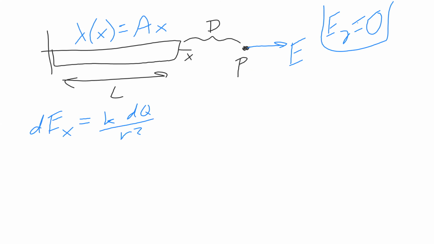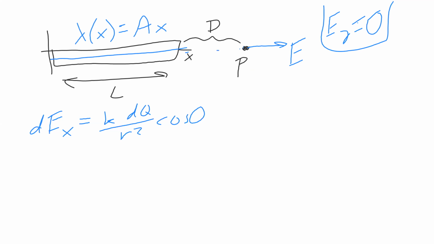If my point P is on the x-axis, it's actually cosine of 0, which is equal to 1. So the cosine of theta here doesn't introduce any difficulty to this problem, because we have a constant cosine of theta, just because the charge, again, is located all on the x-axis, and my point P is also on the x-axis.